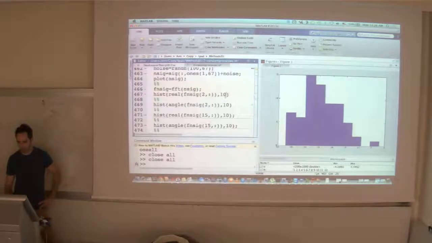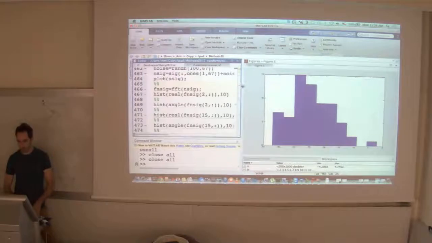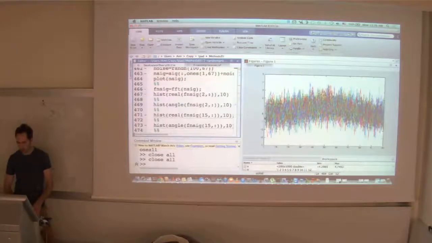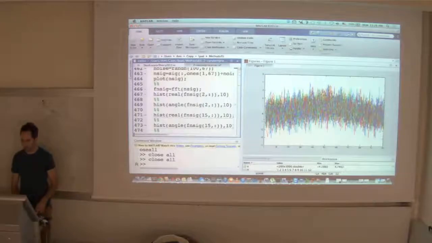Because there is a lot of random noise inside, I'm going to look at the histogram of the second entry of all of the FFTs. I'm going to explain it again, because we can see here there is something that looks like a sine wave, or almost a sine wave, so it seems like there is some sort of repetition of the shape of the signal.